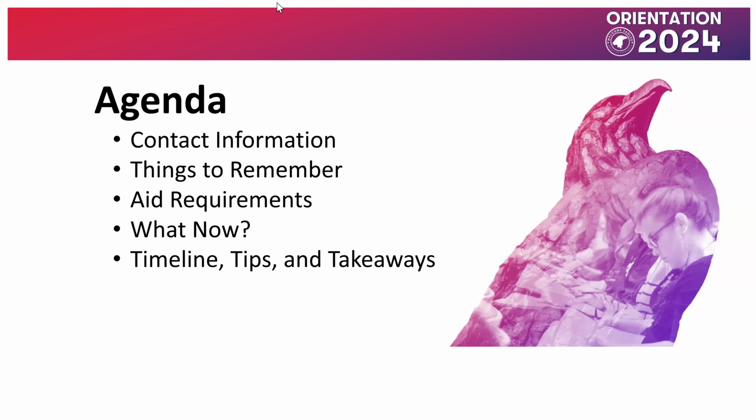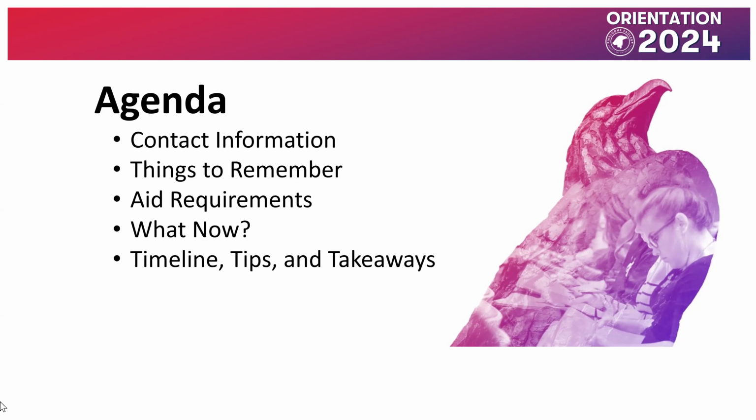There are some very important things that you need to remember in order to retain your aid. We'll talk a bit about those things and then talk about the requirements and then specifically what you should do right now. And then finally, talk a bit about what the entire financial aid process looks like, beginning in the summer all the way through the end of spring of next year.